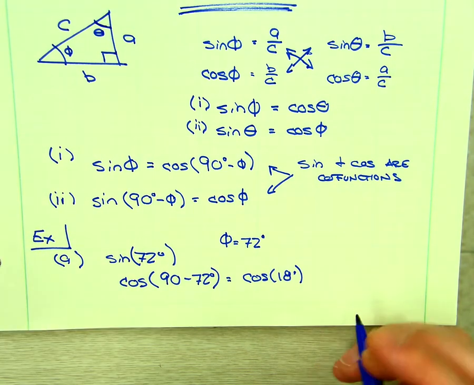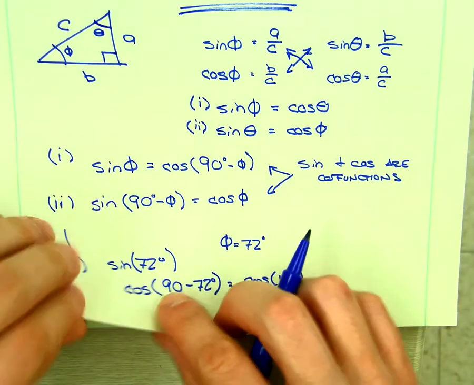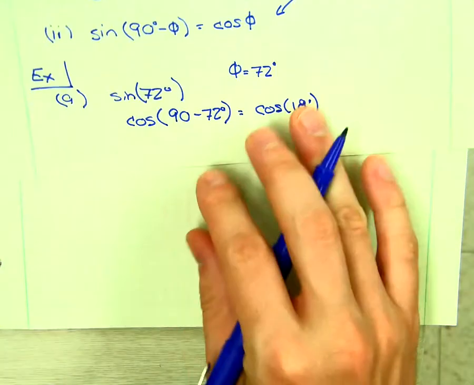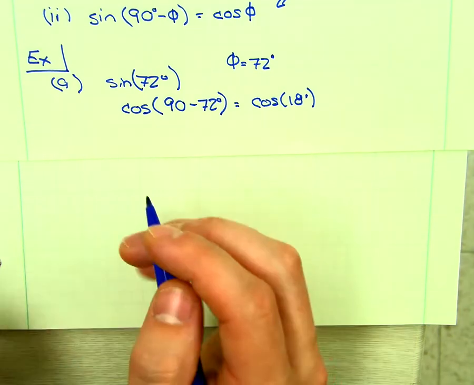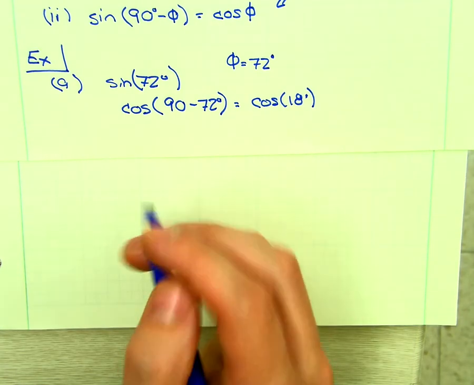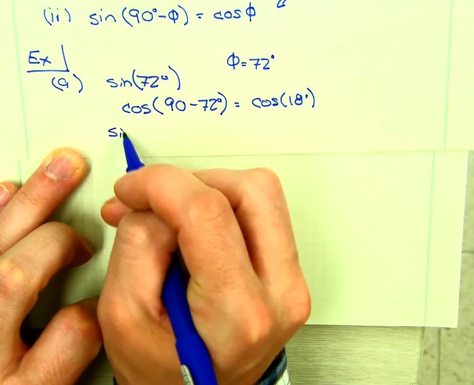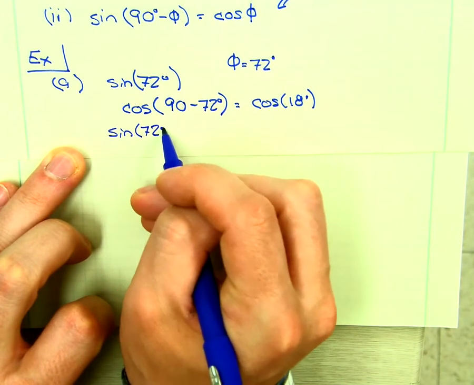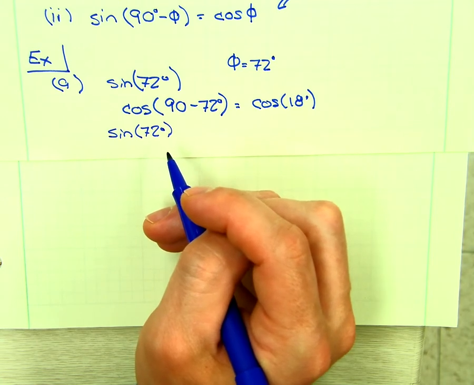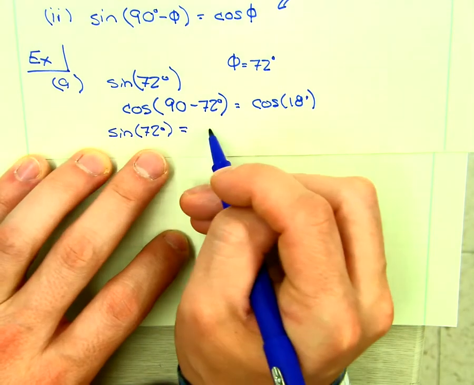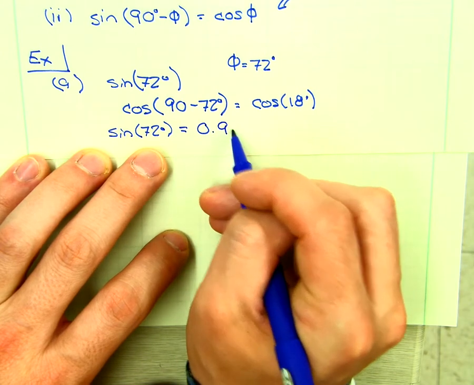Now, make sure your calculators are in degrees. So the sine of 72 degrees is going to be equal to 0.951.